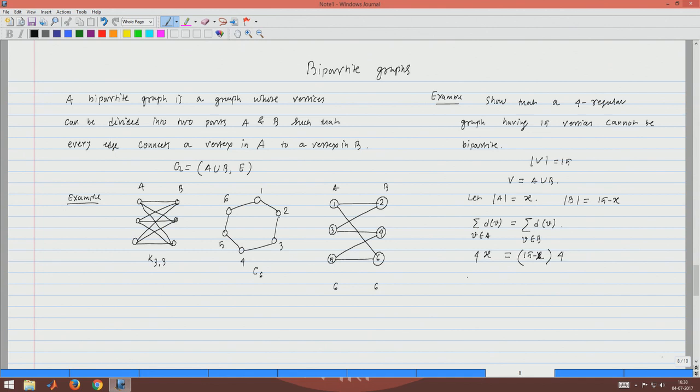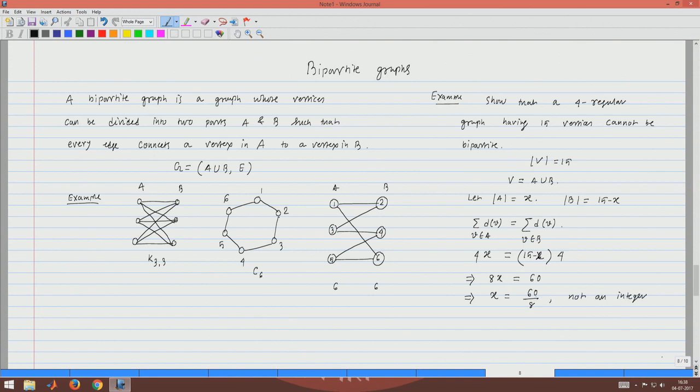Now, if you solve this equation, these two numbers would be the same. If you solve this, what you get is that 8x is equal to 60, which implies x is equal to 60 by 8, which is not an integer.